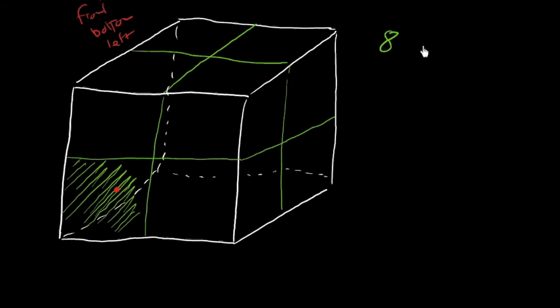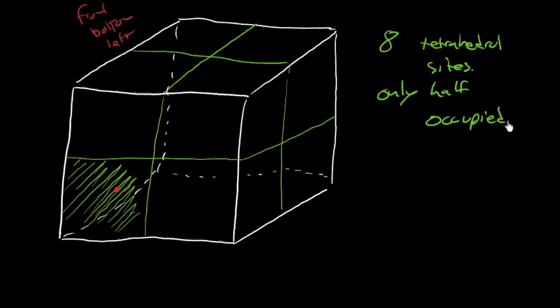There are 8 tetrahedral sites, but only half are occupied. An interstitial site is just a potential space. It doesn't have to have an atom there. And so which other one is occupied?